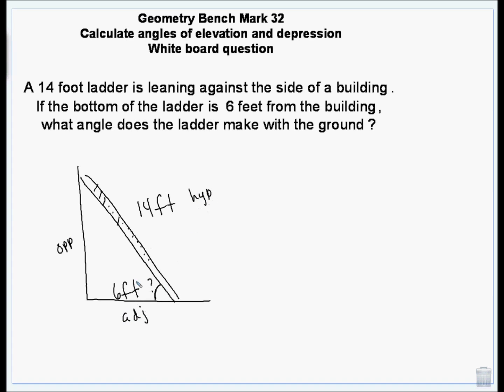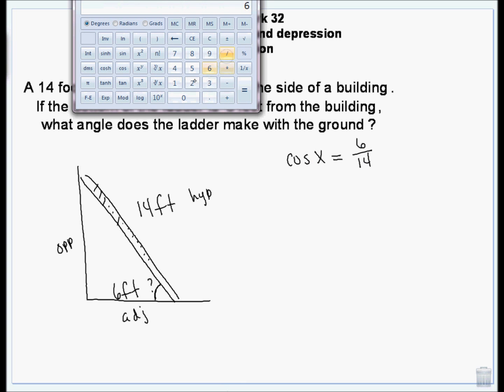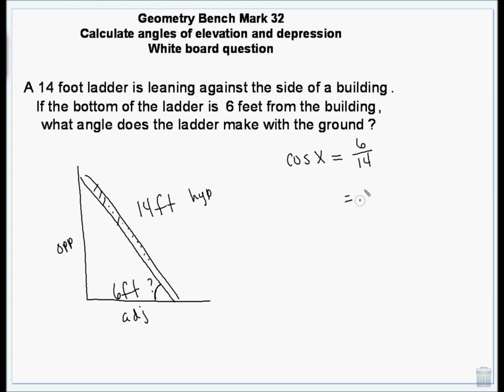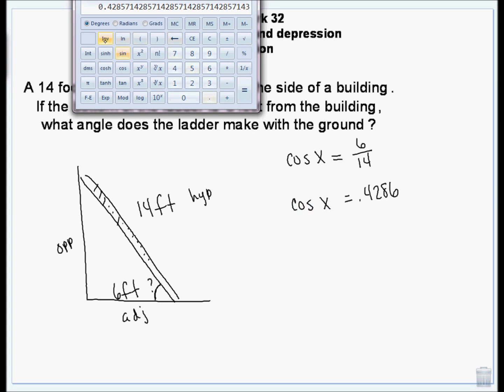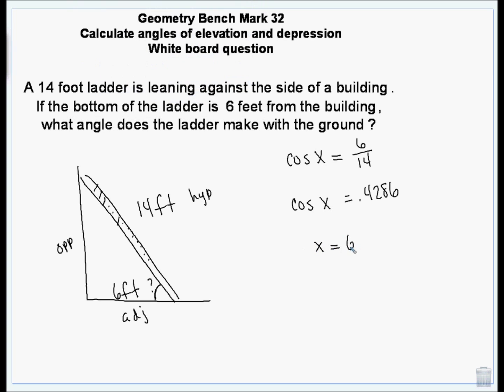I want adjacent over hypotenuse, so cosine of x is equal to 6 over 14. So I'm going to divide 6 by 14. That's 0.4286. And I'm going to take the inverse cosine. So my angle is approximately 65 degrees.